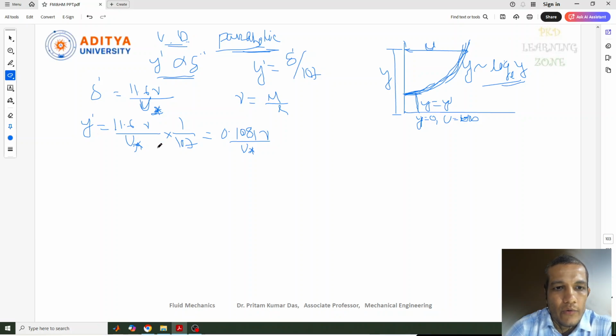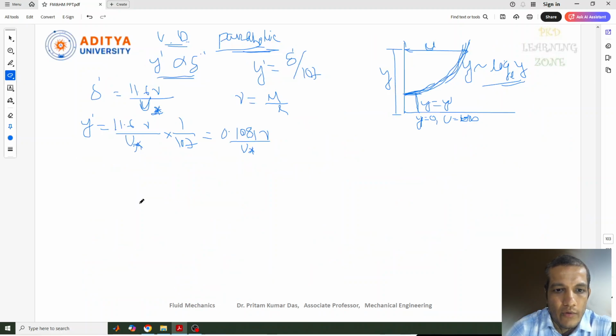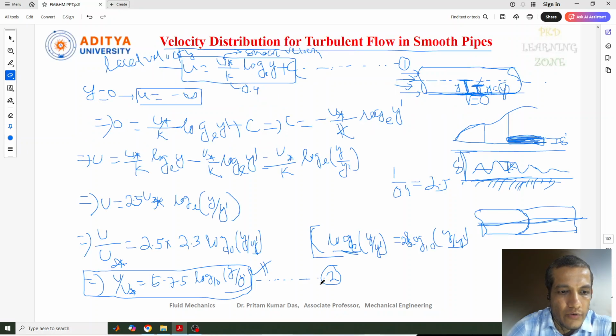Now the previous equation that we got, in this, y by y dash is there. The y value we know will start from this base point. Now y dash we didn't know. So now we'll substitute this value of y dash in the equation 2.